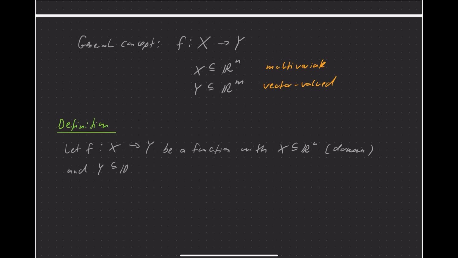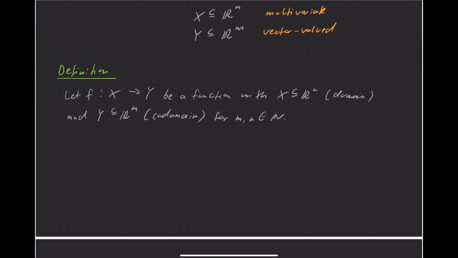And Y a subset of R^m, that's called the codomain, for m, n in the natural numbers. And then we define the graph of that function. That's basically the same thing as in the one-dimensional case.